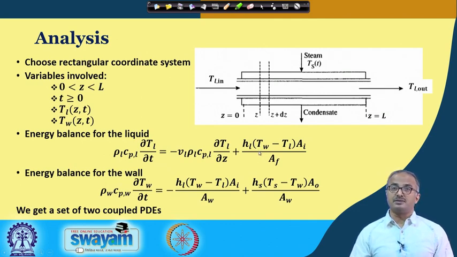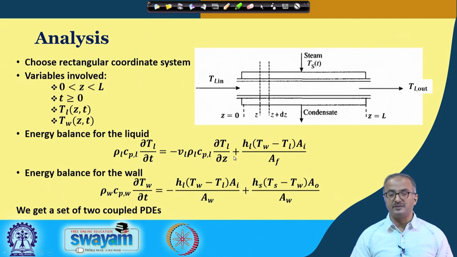This source term is coming due to the transfer of heat from the wall to the liquid, and this term is taken in terms of Newton's law of cooling, and that is why we have h A delta T. All these other terms, AF and AI, have been explained in the notation. This AF is the cross-sectional area of the inner tube. So, you can easily derive this particular equation for the liquid side energy balance.